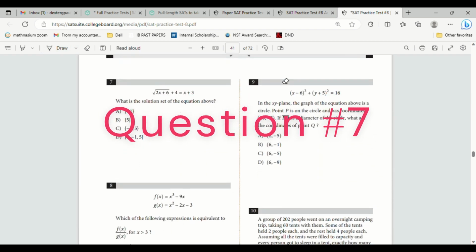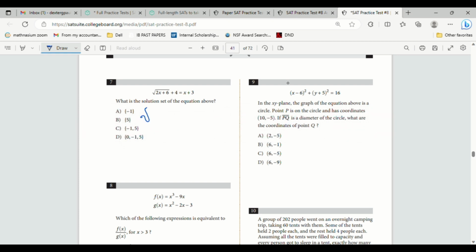Number 7, what is the solution set of the equation above? So I'm going to write out what I'm given: square root of 2x plus 6, plus 4 equals x plus 3. I'm going to isolate my square root, so I'm going to subtract 4 from both sides, leaving me with square root of 2x plus 6 equals x minus 1.